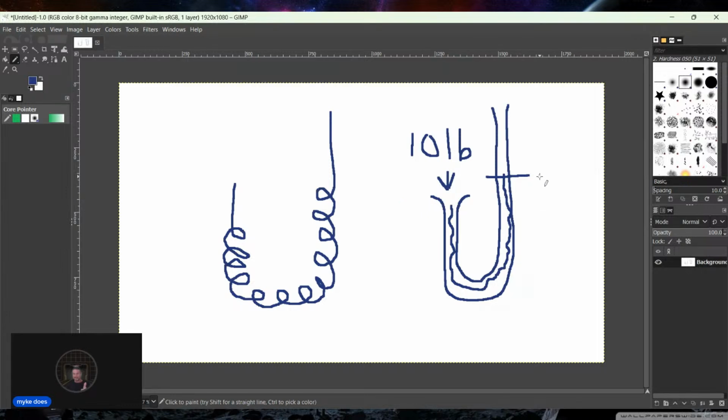So if this is your sea level line, and this is above sea level, 10 pounds brings it up 10 centimeters or whatever.